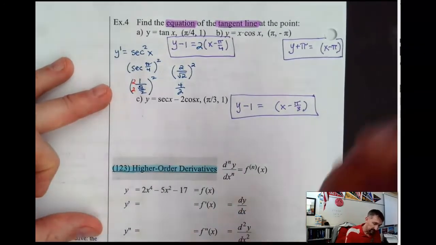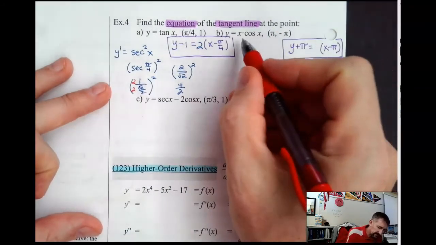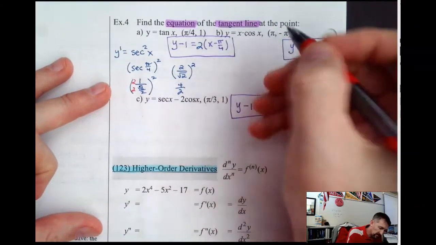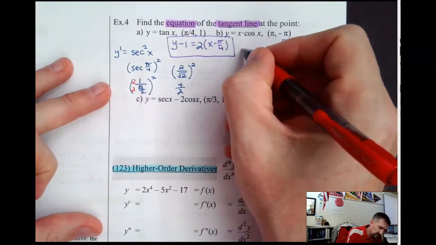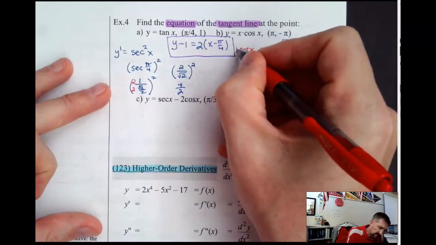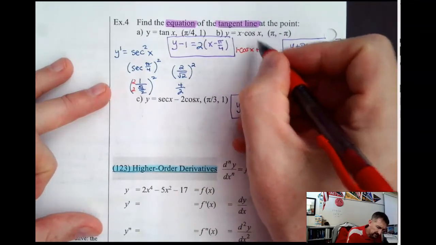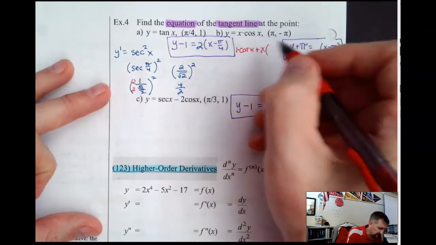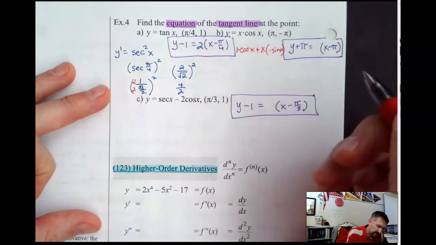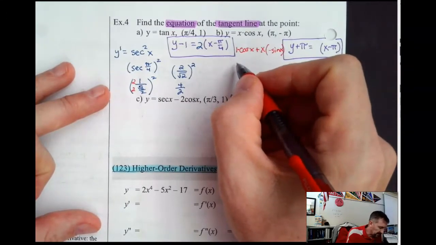All right. So here we have x times the cosine of x. So that's a product rule. So we take the derivative of the first thing. That's going to be 1. So that's going to be cosine x. 1 times cosine x. Derivative of the first thing times the second thing plus the first thing times the derivative of the second thing. So that's negative sine x. So I can plug in pi.